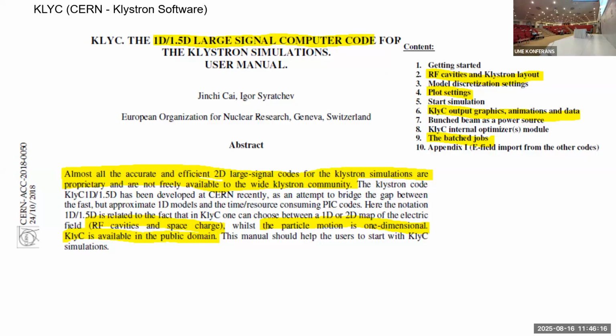And these are the content of the manual. You can find many outputs related with all bunchers, all fields anywhere, and the animations.